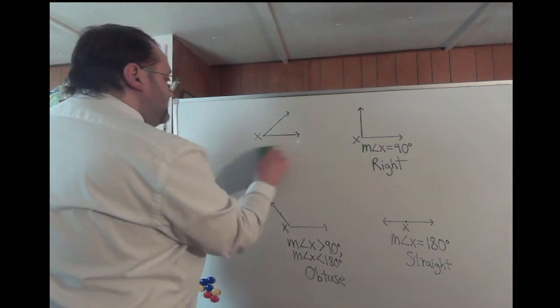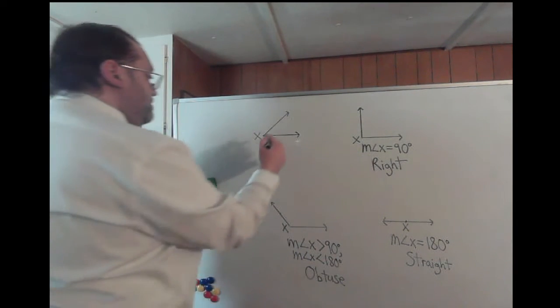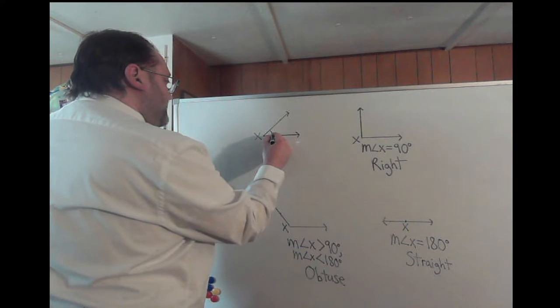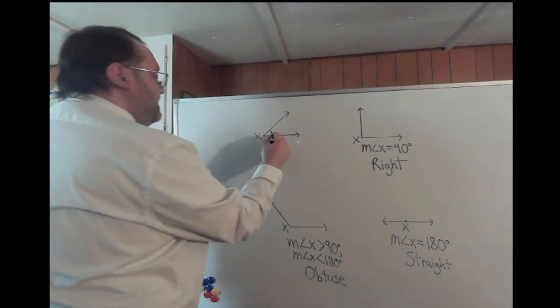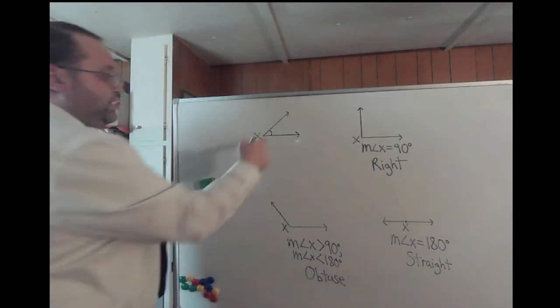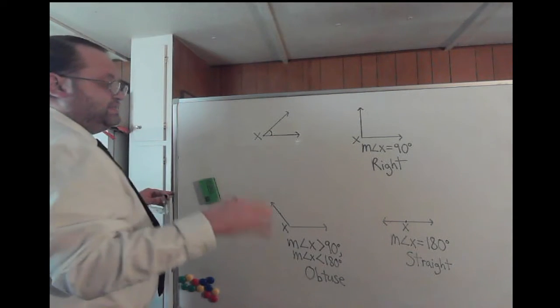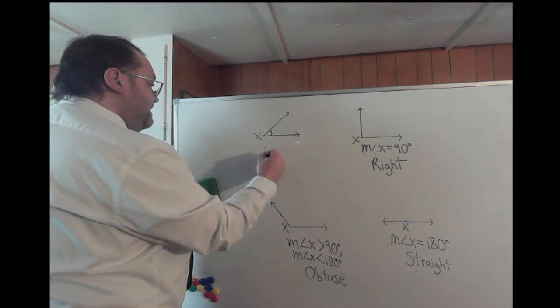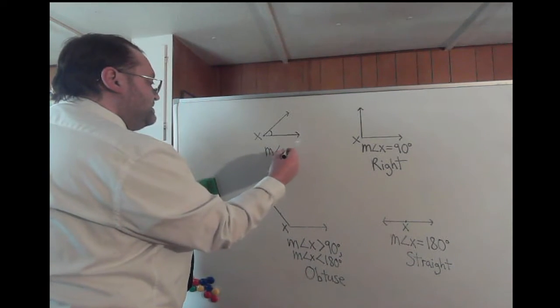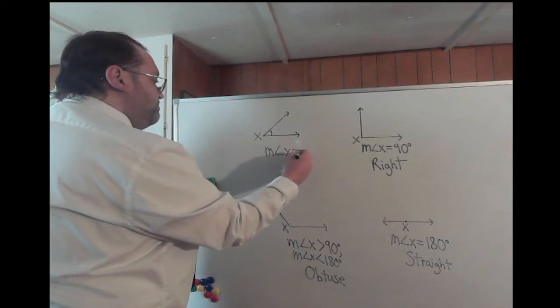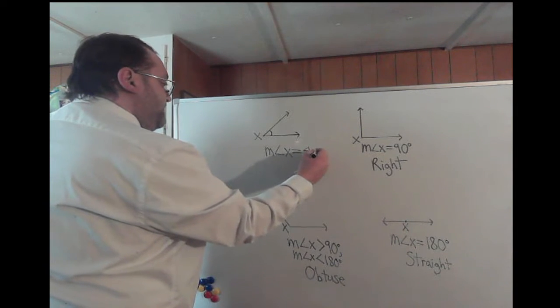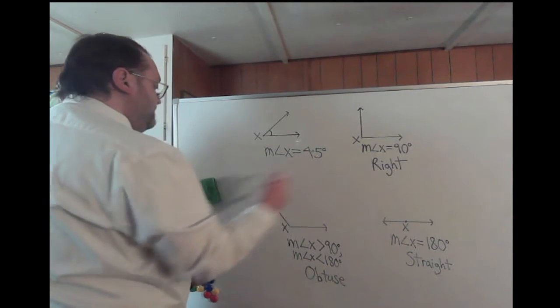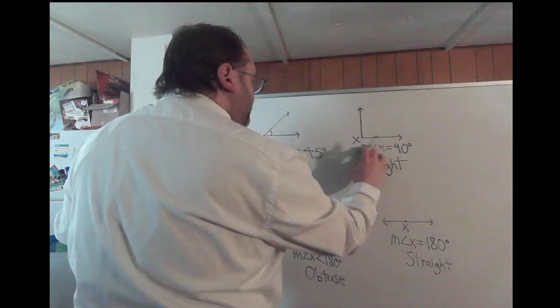In this case, this angle, sometimes you'll see an angle denoted with one of those curved lines inside of it. That denotes an angle. The measure of this angle, measure of angle X, I've already worked it out on the protractor, is equal to 45 degrees. This is a 45 degree angle.